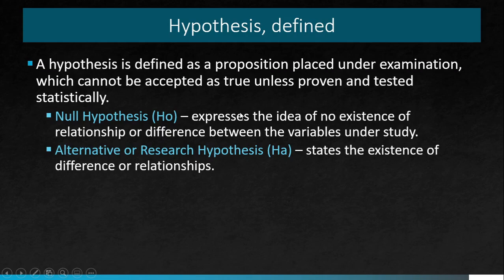Null hypothesis is considered to be the norm. And if you will challenge the norm, or what is already established, then the statement that you will use to challenge what's already considered to be normal is your alternative hypothesis. So that's actually the connection between these two. That's the difference between these two.